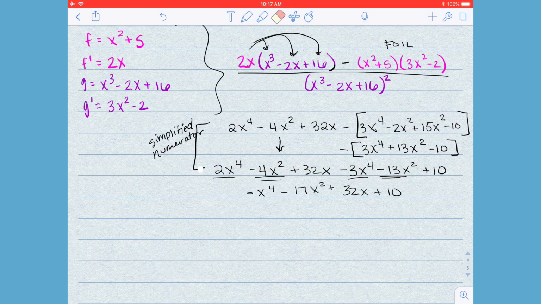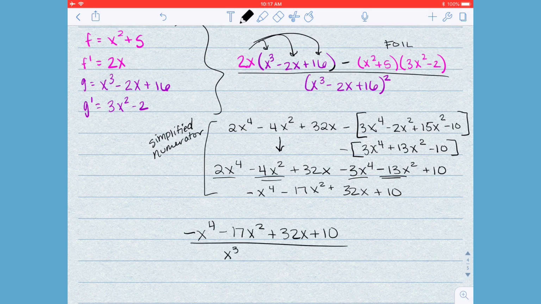And so this is also part of my simplified numerator. So now, putting my numerator with the denominator, represents my final function's derivative.